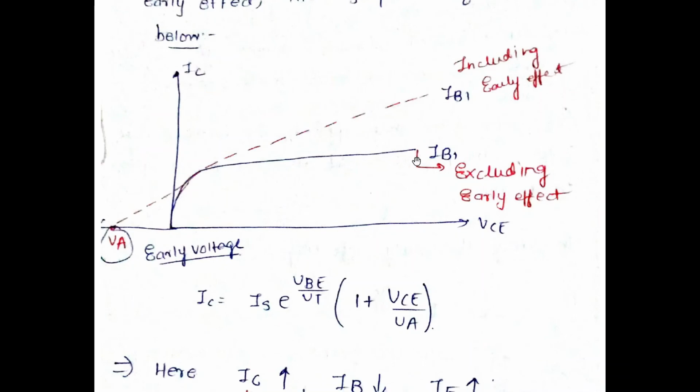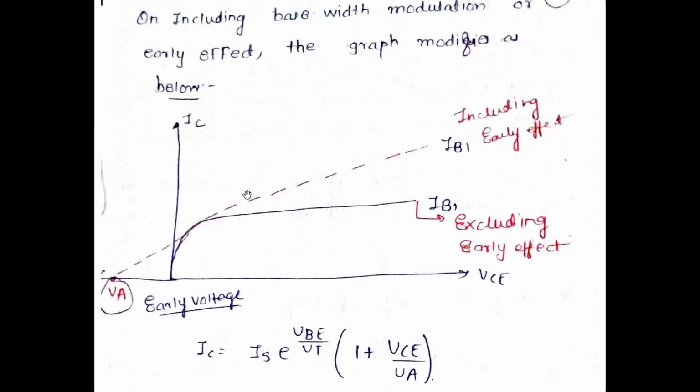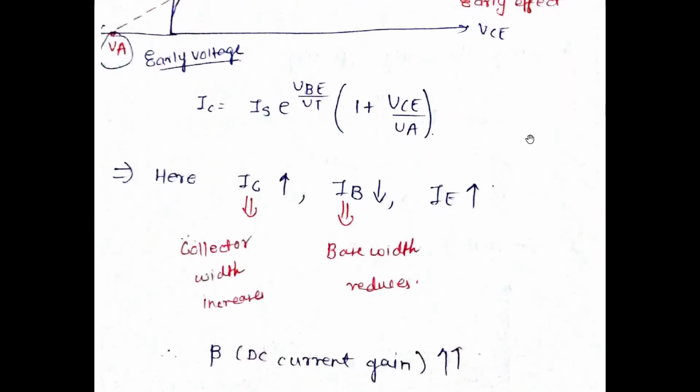I hope I am very clear. So when you have the early effect, my IC doesn't become constant. In fact, it keeps on increasing. This is the impact of the early effect. With the increase in the value of VCE, the IC also keeps increasing.